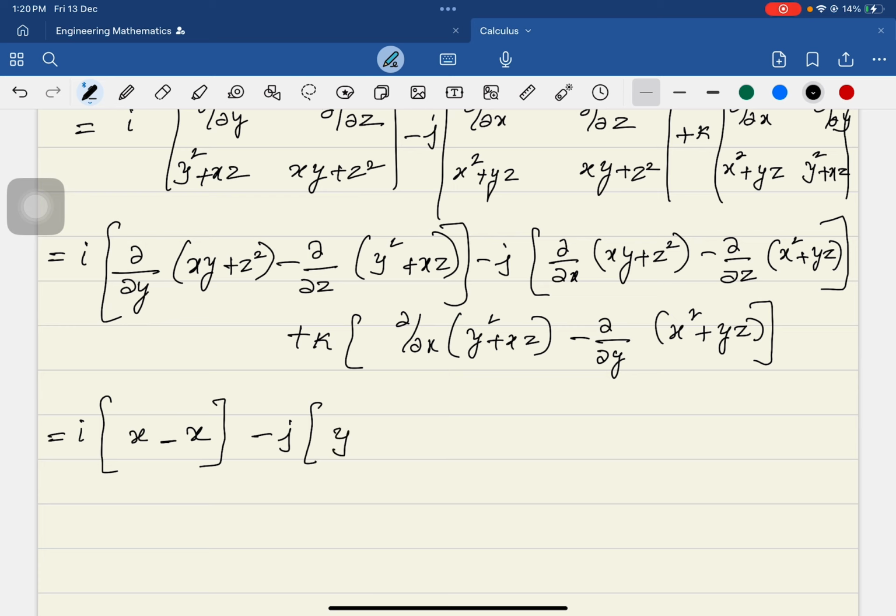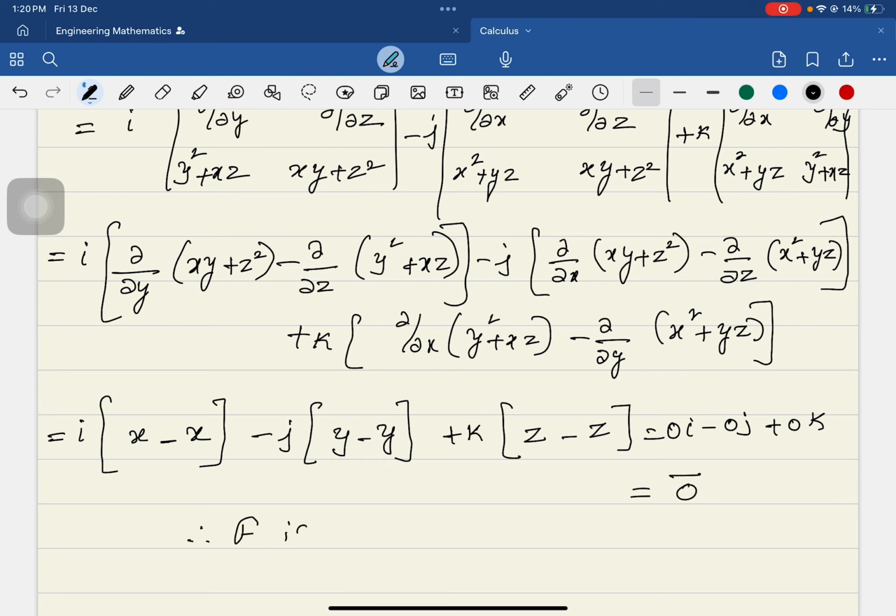Dou by dou z of x square is 0, yz is y, so it is y minus y, plus k times of dou by dou x of y square is 0, xz is z. Dou by dou y of yz is again z. That is 0i, 0j, 0k, and that gives you the zero vector. Therefore again the function f is irrotational. So the curl of the function is 0, so it is irrotational.